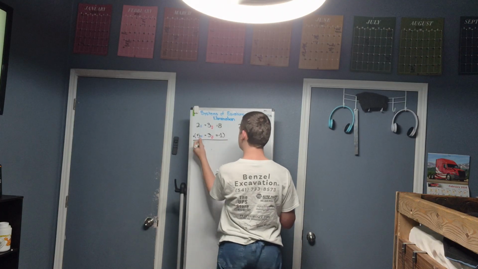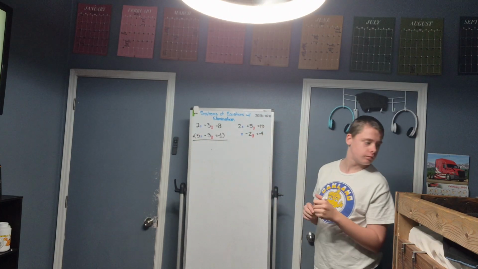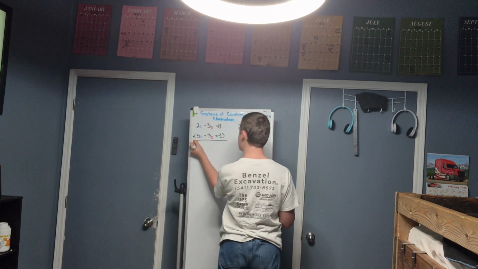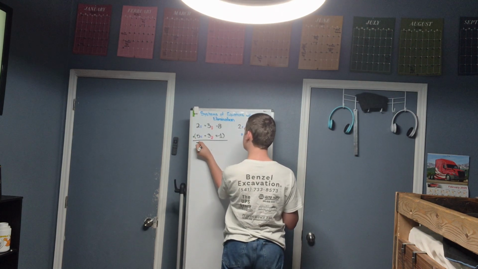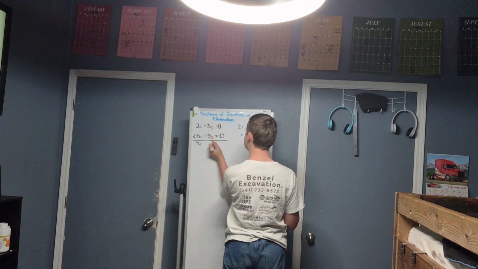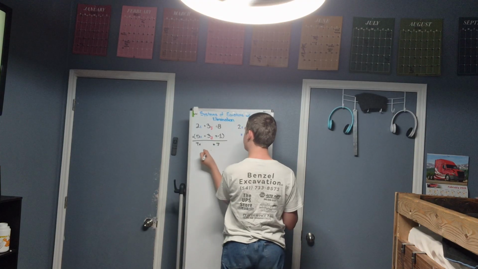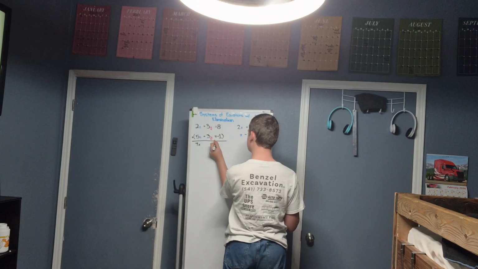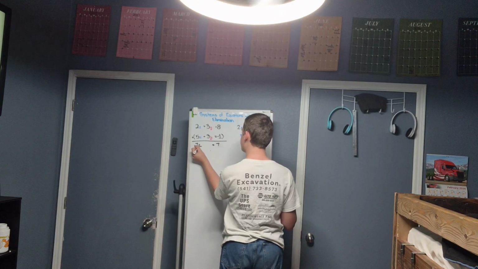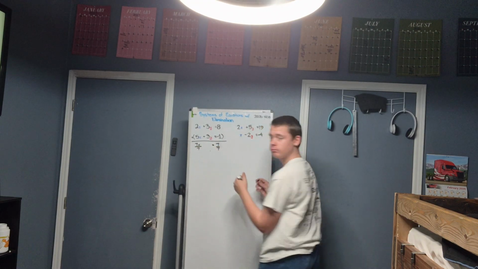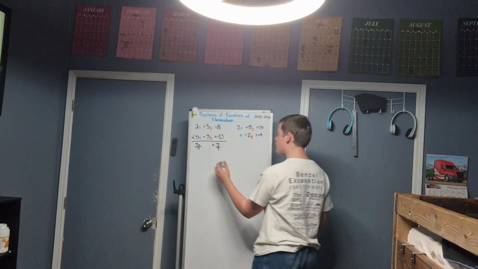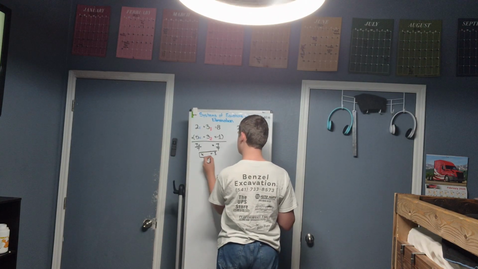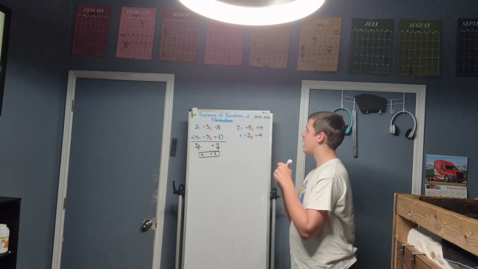And we have 7x equals 7. Then we're going to divide it by 7. And then we get x equals 1. We're not done yet.